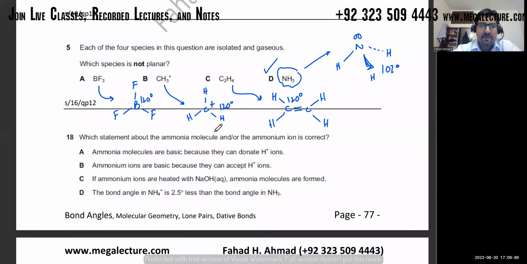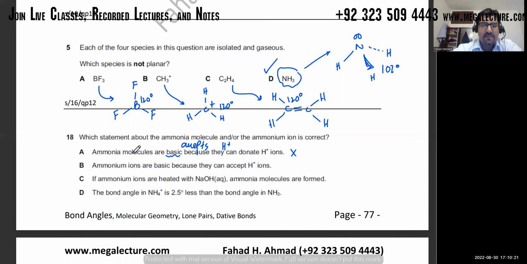अच्छा, अगला वाला, which statement about the ammonia molecule and ammonium ion is correct? इसमें ये वही लास्ट वाला हम कर लेते हैं, बाकी तो I don't think we have done that. Ammonia molecule is basic because a base accepts H plus 1 ions. So the first statement is wrong. It does not donate.